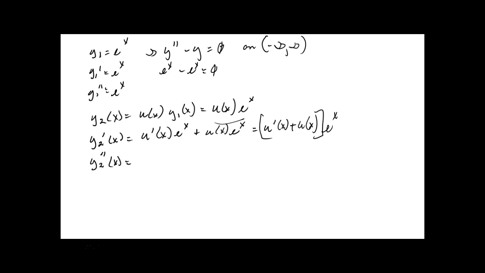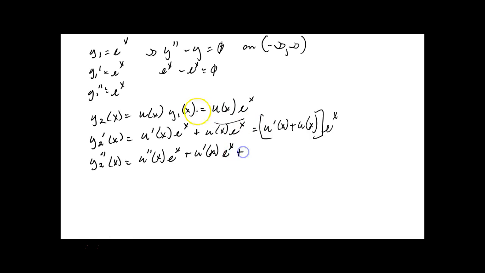But anyway, so let's do the derivative of these. And we're going to use the product rule. So let's do it. Right, so the second derivative: u double prime of x times e to the x plus u prime of x e to the x.